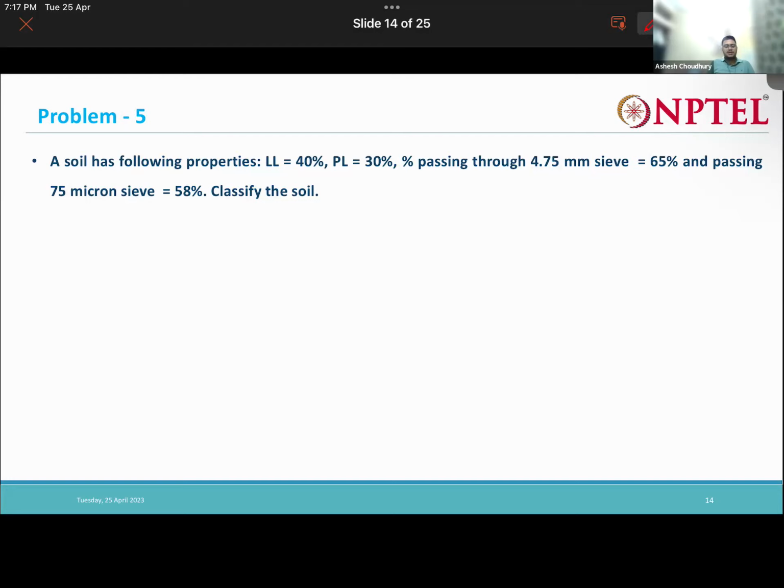Also, sometimes there are cases where we have dual classification. Dual classification can be both terms in terms of the fine fraction, like CL-ML, or the first part can be in terms of the coarse fraction and the second part in terms of the fine fraction, such as GC, clayey gravel, right?